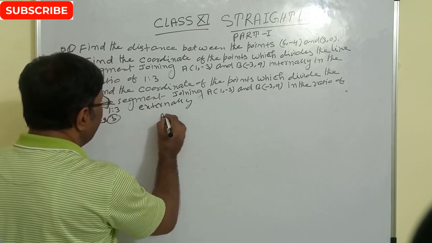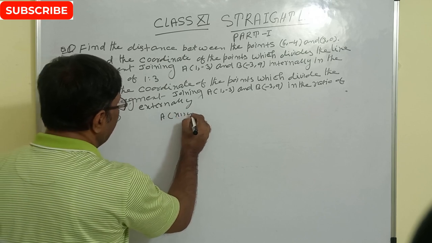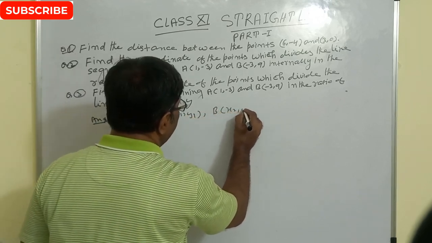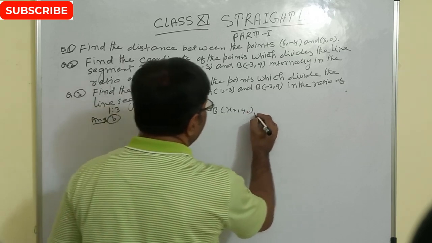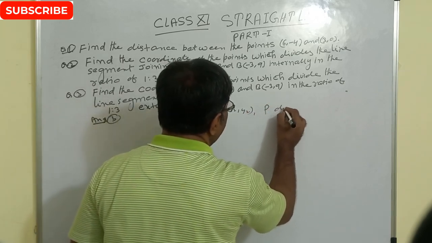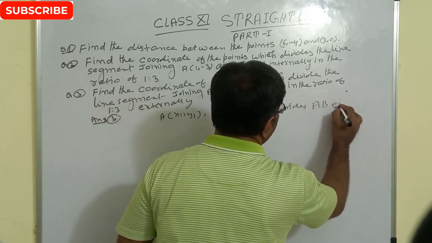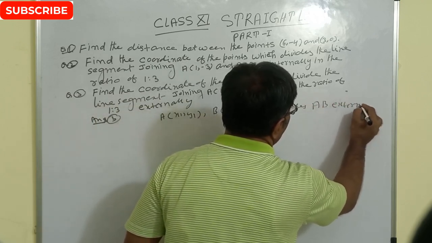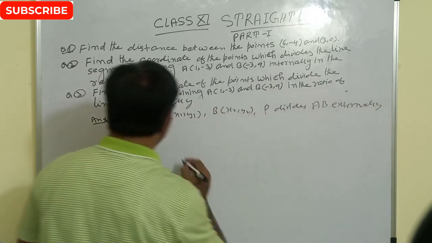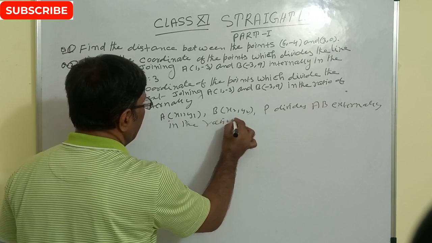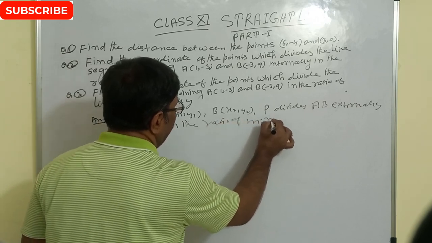Suppose there is a point A (x1, y1) and another point B (x2, y2) and P divides AB externally in the ratio of m:n.